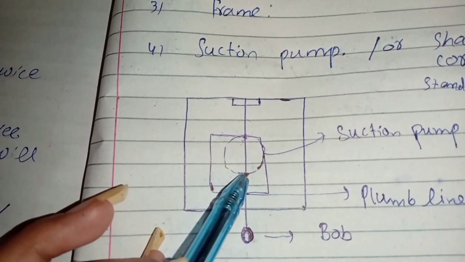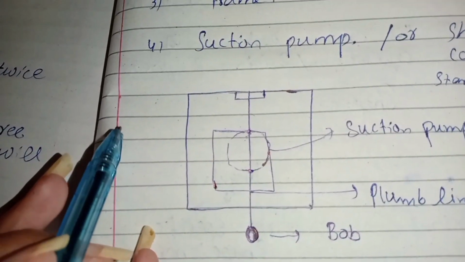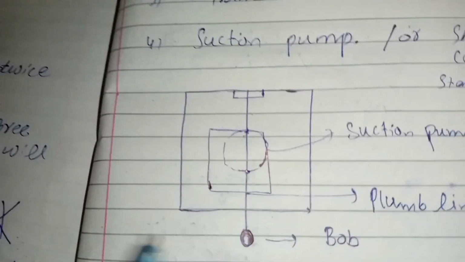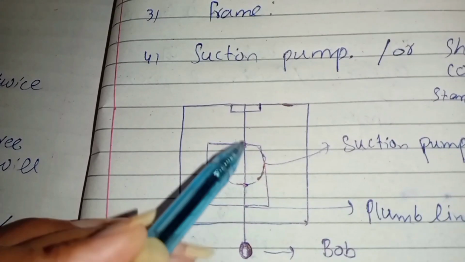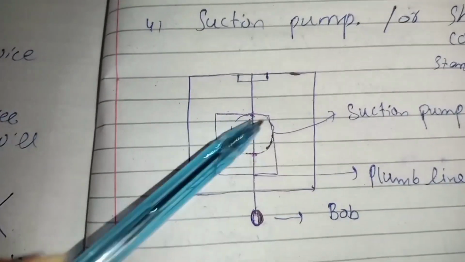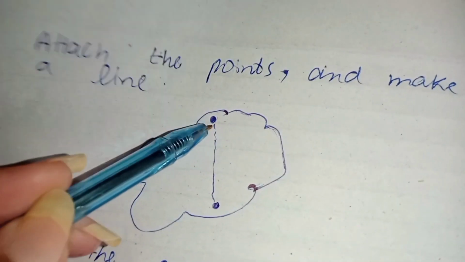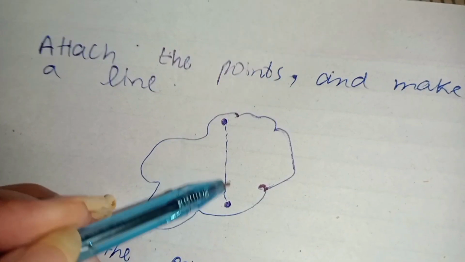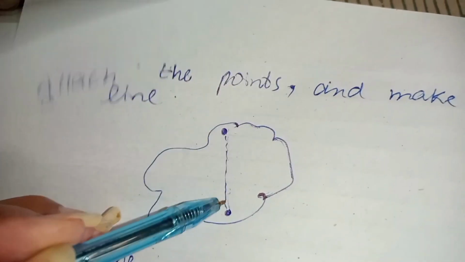So take the shape out of this suction pump, mark these 2 points with the help of scale. For example, if you have marked this is the 1 point and this is the second, you will attach these 2 points with the help of a scale and a pencil.